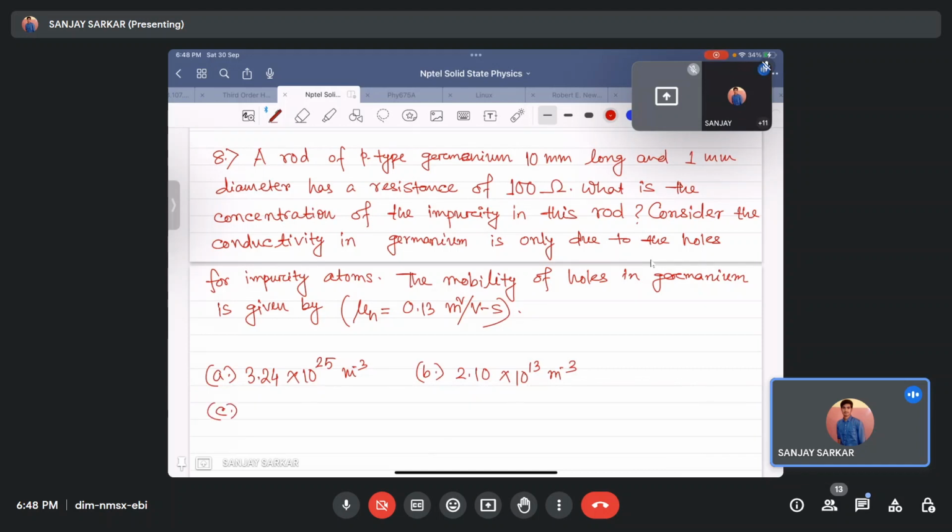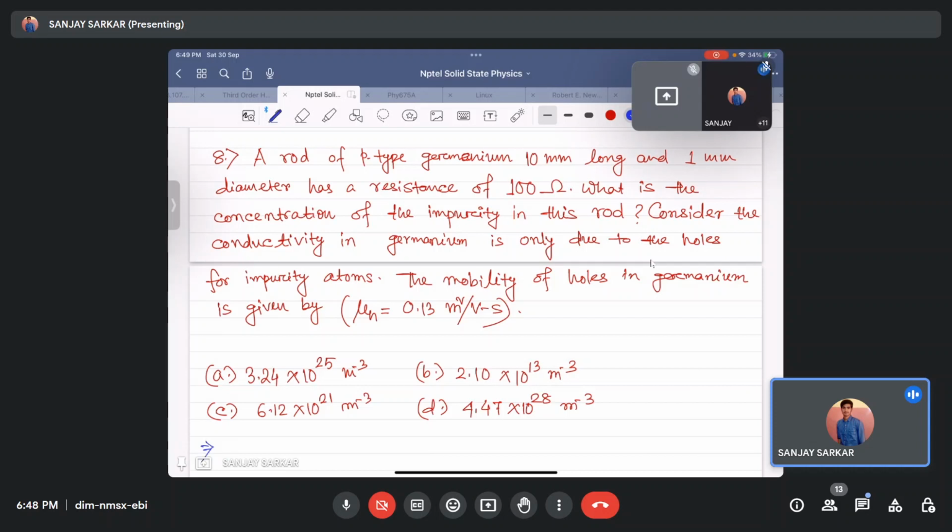Option C is 6.12 into 10 to the power 21 meter cube inverse, and option D is 4.47 into 10 to the power 28 meter cube inverse. So these are the four options to this question.